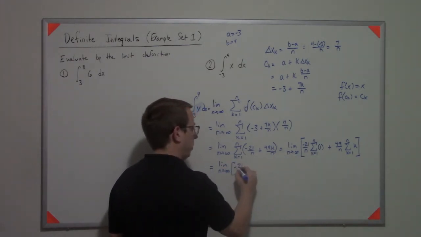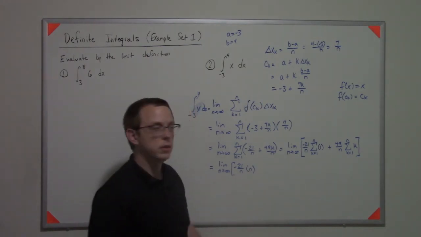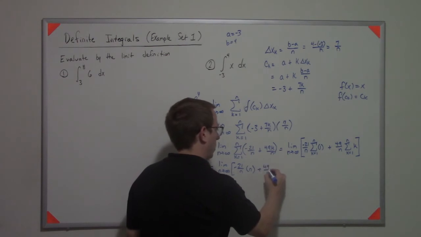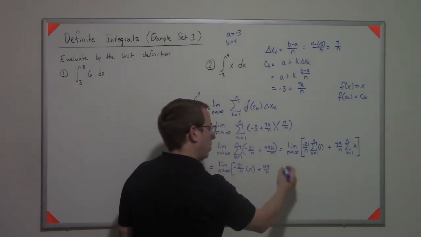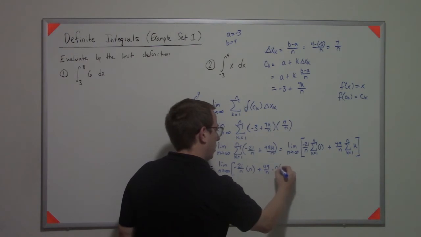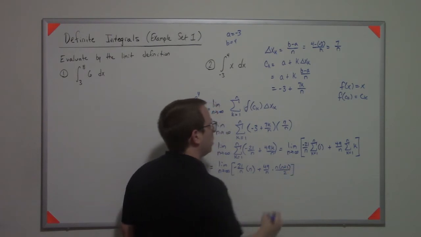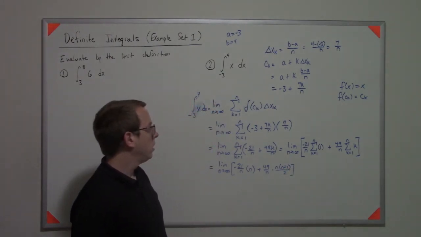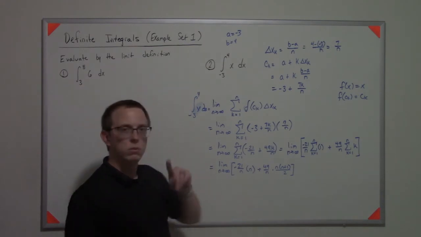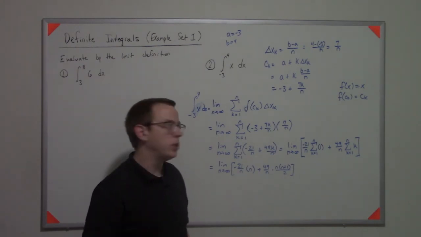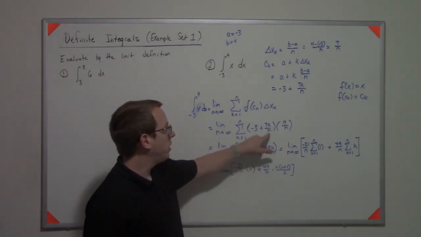This just becomes n, and then this over here becomes... I made a mistake. Okay, so this is good. It's always good to catch your mistakes. So this is negative 21 over n, but this is n squared.